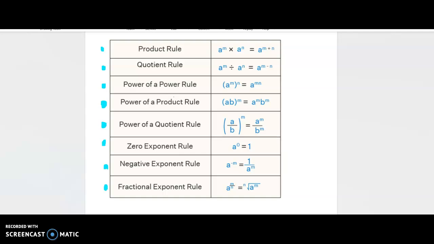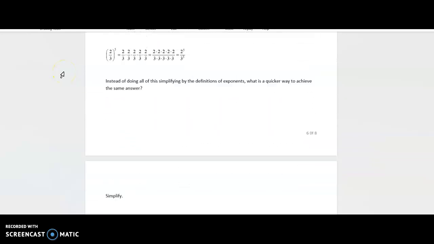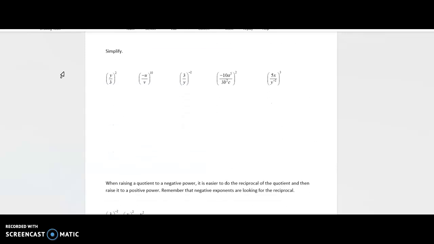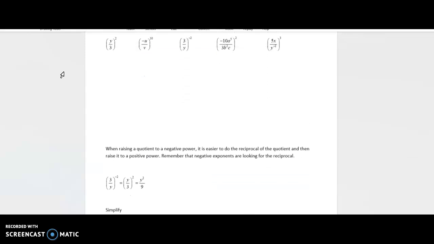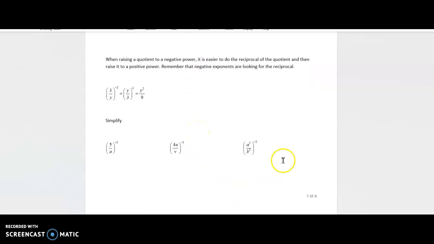This is a reference tool that you can use, and the best way to get comfortable with your laws for exponents is to practice. So your job now is you're going to go into pages 6 and 7 of this document, or we've already done 6, so page 7 of this document, and you're going to complete the top 5 examples and then the bottom 5 examples, and then you will check your answers.